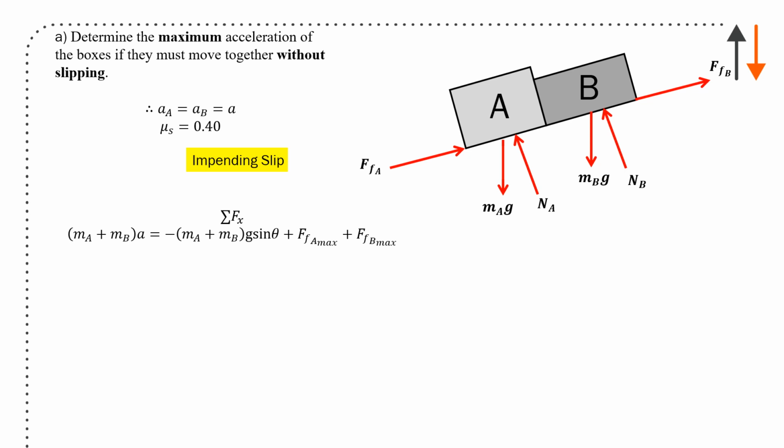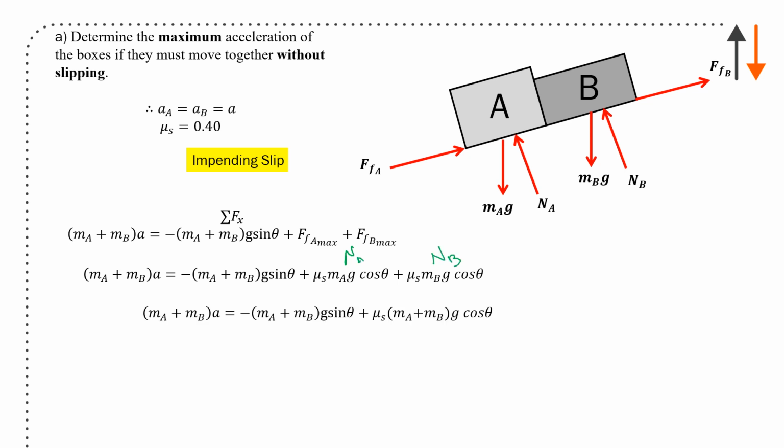Put in all the terms, you have the acceleration on the other side. Substitute and move things around a little bit. Substitute in all the expressions: mu sub s, mA g cos theta, mu sub s mB g cos theta, and just recognize that this is NA and this is NB.